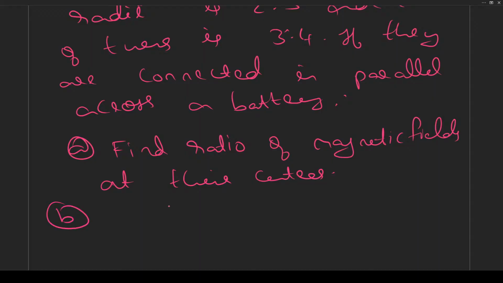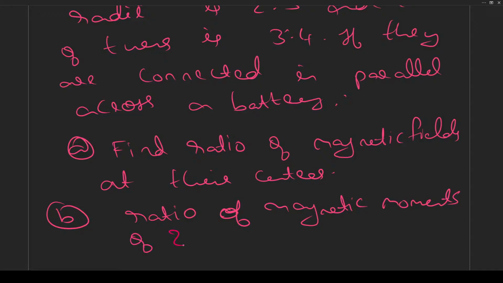B, the ratio of magnetic moments of the two coils.